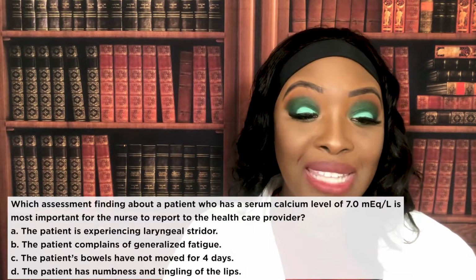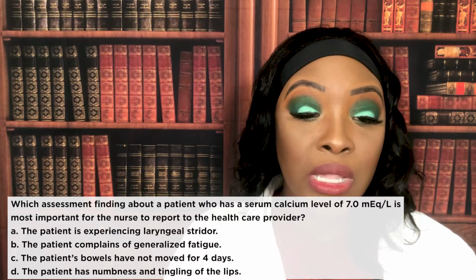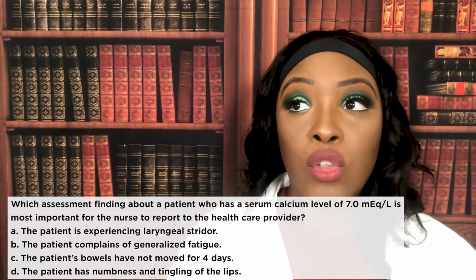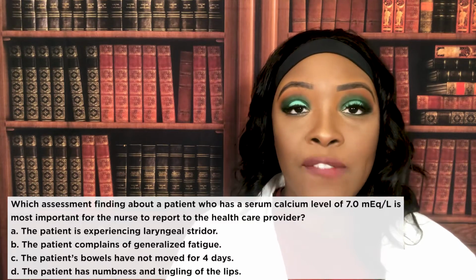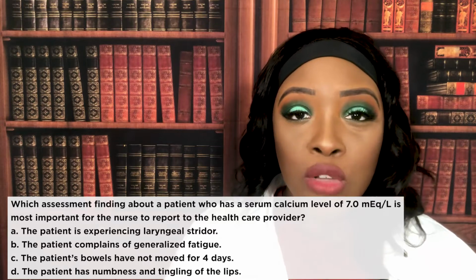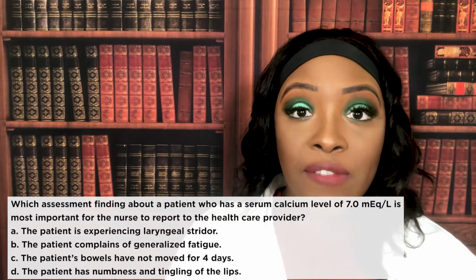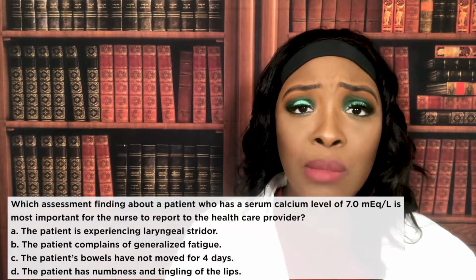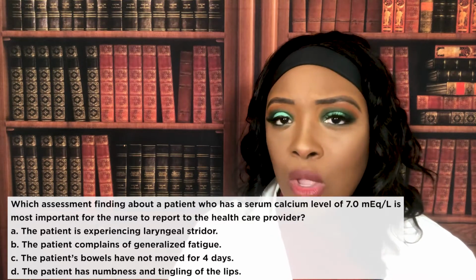Okay, guys, your correct answer is A, the patient is experiencing a laryngeal stridor. So, guys, the first thing you need to know is the calcium level should be 8.5 to 10.2, maybe 10.3, depending on the book that you're using. But that's generally the area, 8.5 to 10.2. That is your calcium range. This person's calcium is 7. What does that mean?